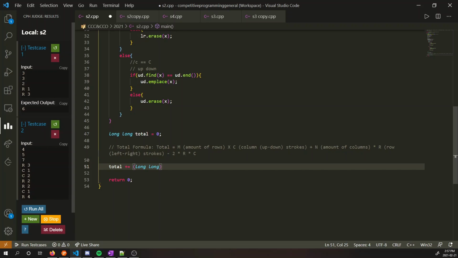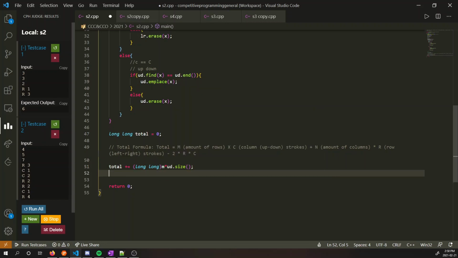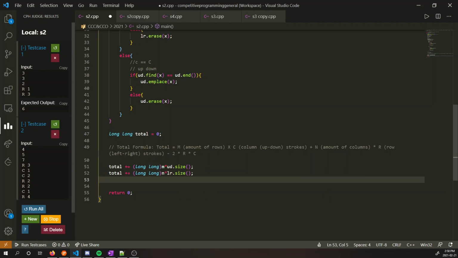So the amount of rows, the first one is m, so m times the amount of column or up-down strokes, so ud.size. And then we're going to do total plus equals long long n times lr.size. And finally, we're going to subtract off the intersections.